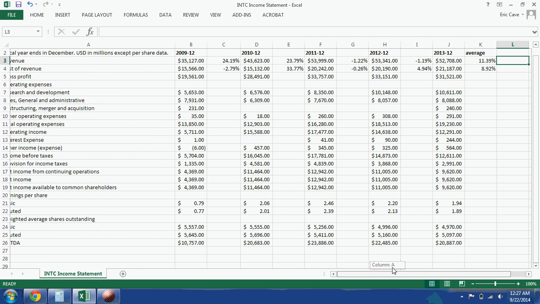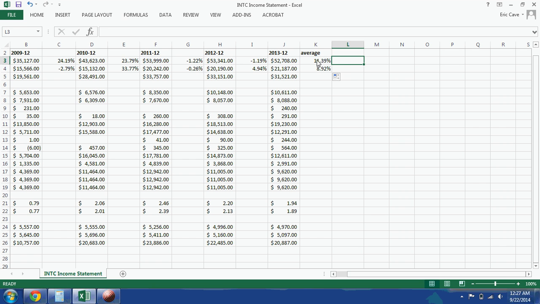The next thing I'm going to do is take last year's revenue times 1 plus the current growth rate that I just determined based off of those averages.